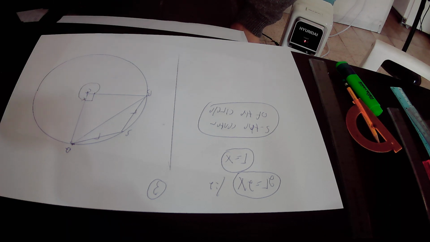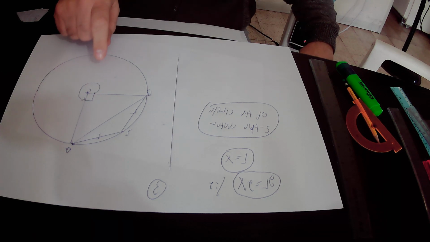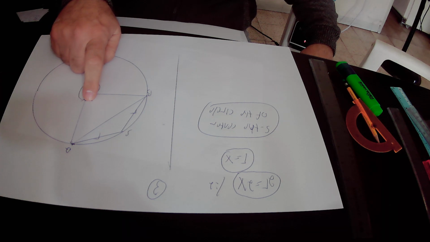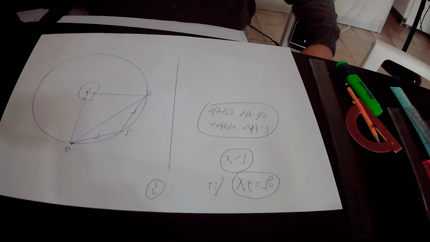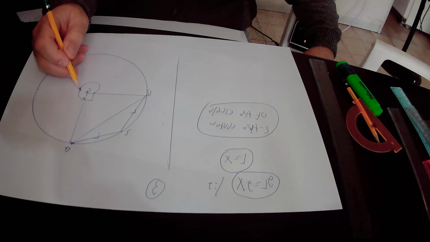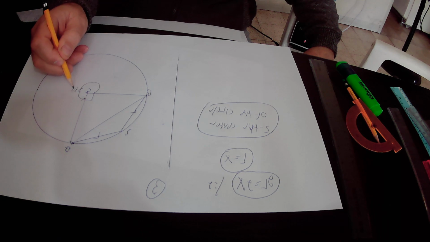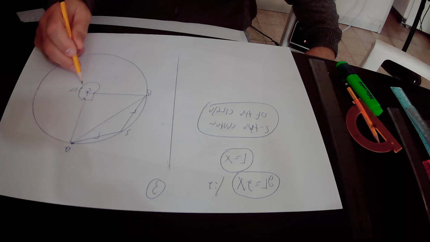Because this angle equals 90 degrees, the missing angle must be equal to 270 degrees, because 270 plus 90 is 360 degrees. So the missing angle must be equal to 270 degrees. Okay?